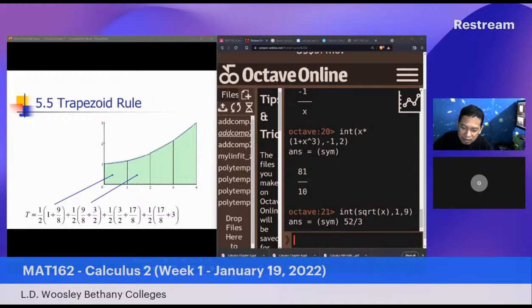Because we are approaching other methods of integration, such as numerical integration, logarithmic function, inverse trigo, hyperbolic. Those are the functions we will go through. So we'll be doing integration by substitution, which is also a powerful method of integration.